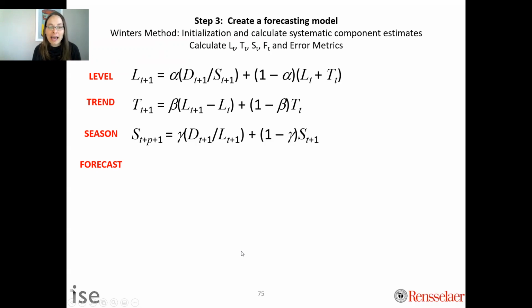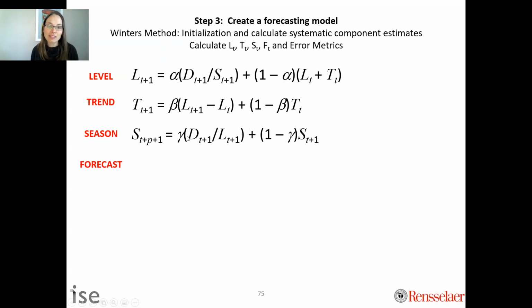And then the seasonality, here you can see we are using the demand divided by the level, and we're trying to figure out, on average, I have this level value. You can think about the level as kind of my average, right? So if I'm in a period above that, that would give me a seasonal factor that's above 1.